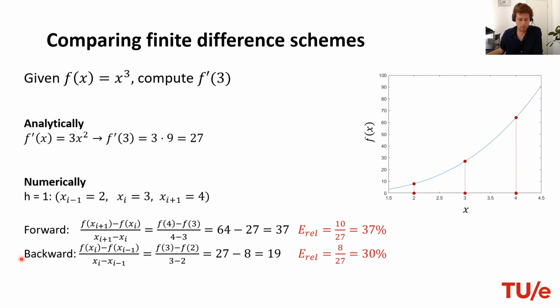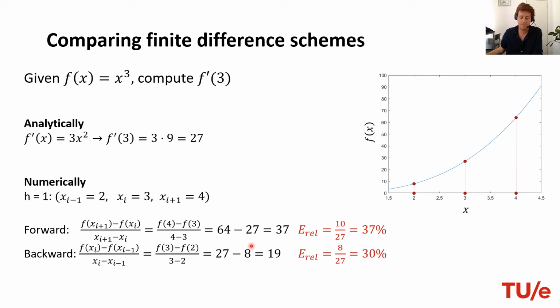So in looking into a backward difference, what do we do here? Well, for backward differences, we use the point under consideration, xi is equal to 3, and we go backward in x to xi minus 1, which is 2. And we use those to evaluate this finite difference formula. So we get, again, f3 minus f2. So that's 27 minus 2 to the power 3.